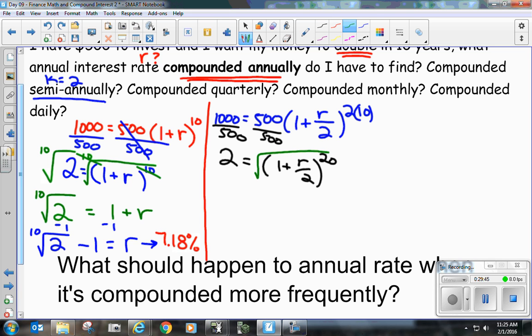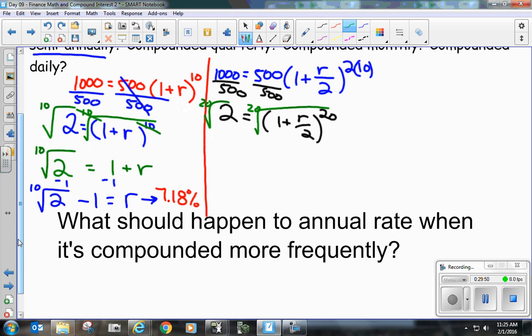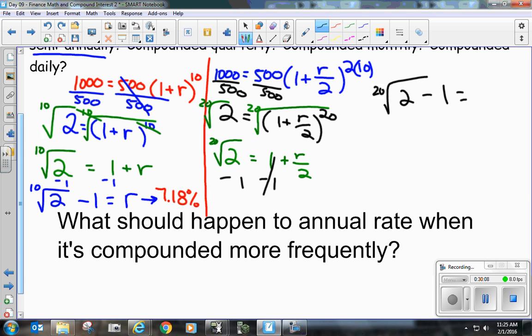So the 20th root of 2 equals 1 plus r over 2. What do I do next? Minus 1. There you go. So I've got the 20th root of 2 minus 1 equals r over 2.